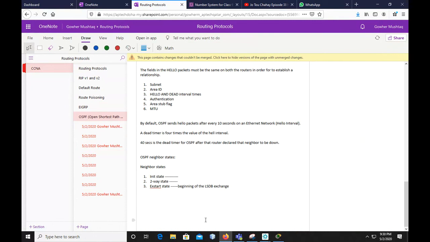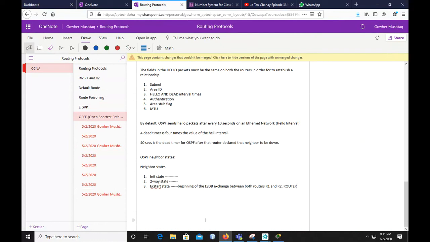So when both routers have shared the hello packets, the third stage will go, and the name of that state is ExStart. So it will start the beginning of LSDB exchange between both routers, R1 and R2. Routers are starting to exchange link state information.